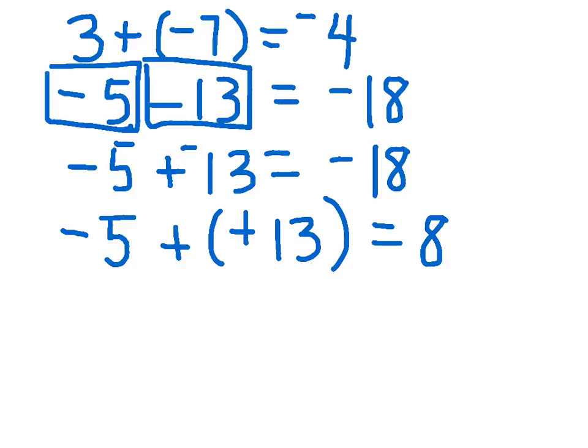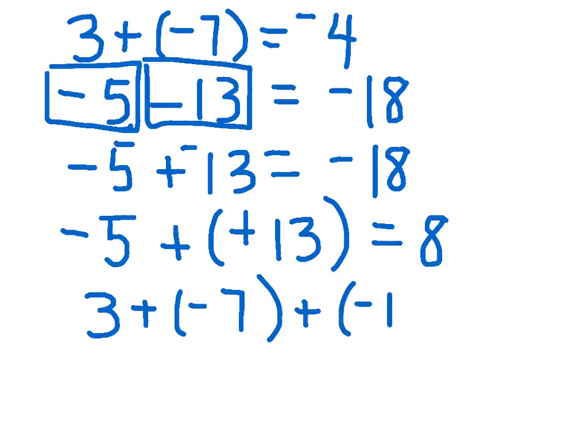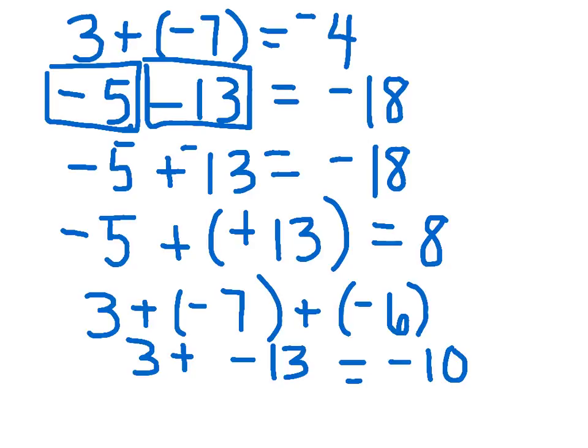Sometimes if there are more than 2 numbers, kids like to think about the positives together and the negatives together. So you might want to think this is negative 13, this is 3, 3 plus negative 13 is negative 10. Okay, that's addition and subtraction.